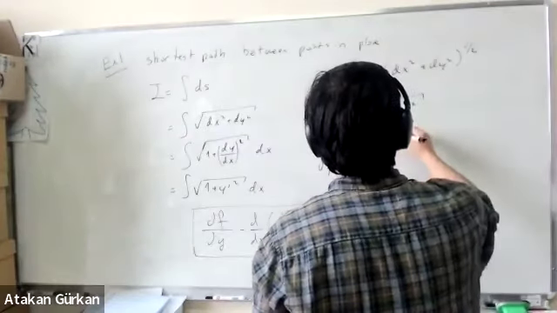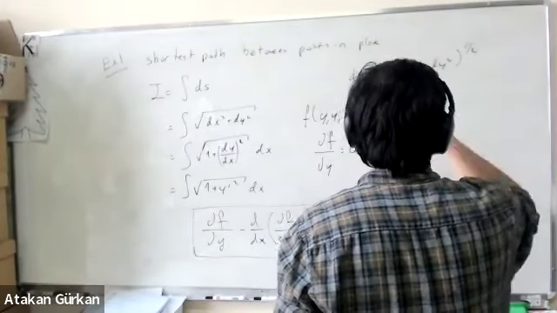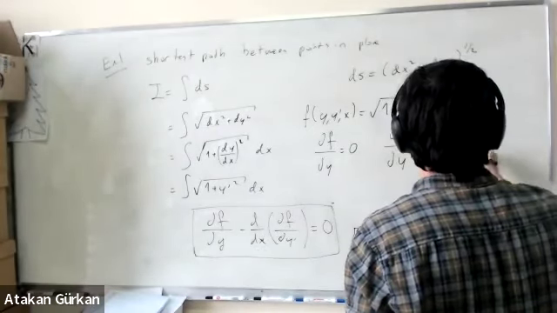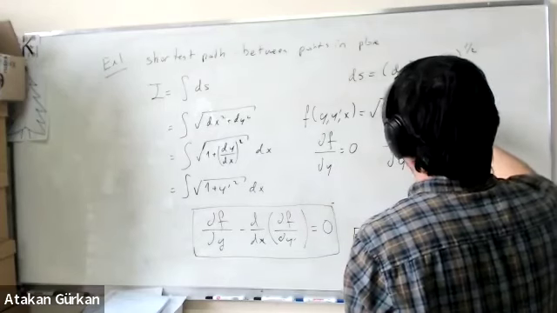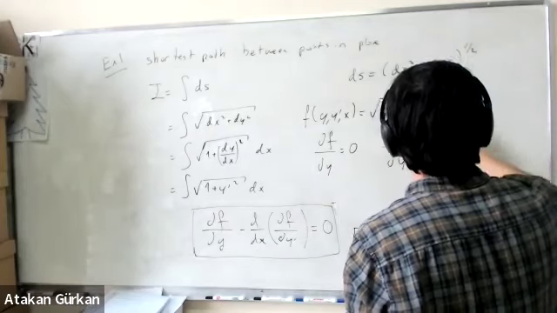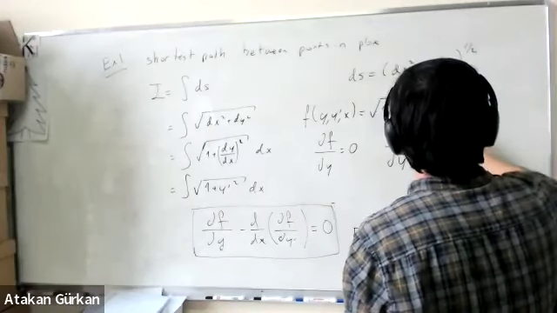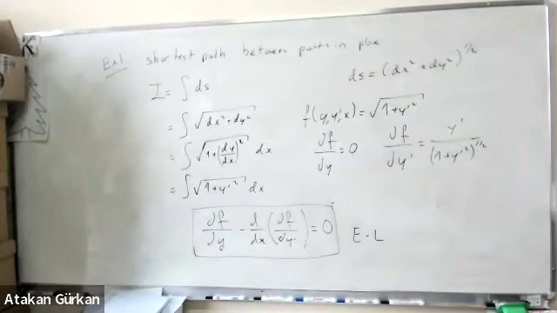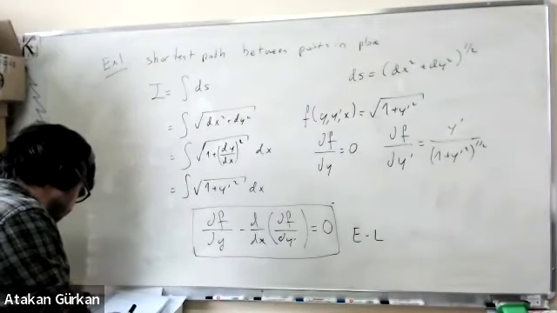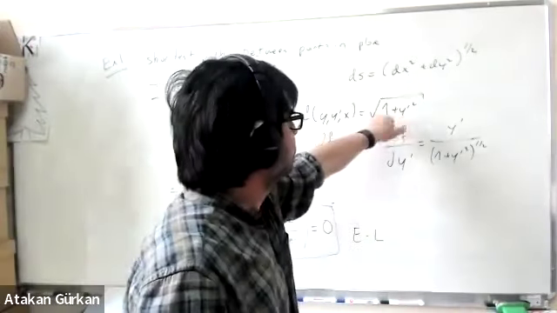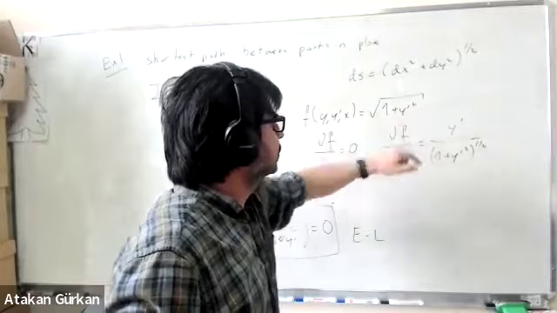The partial of this f with respect to y prime is the square root of 1 plus y prime squared, to the power minus a half, times... sorry, a half. So there's a half coming from the exponent, and there's a 2 coming from the exponent of y prime.